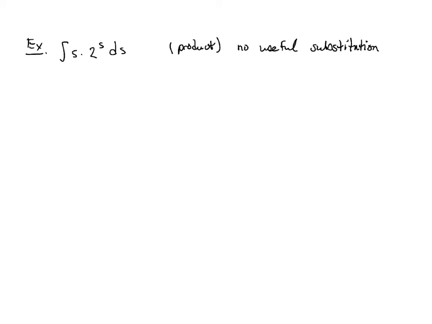We need to choose a function that's u and a function that's v, and I will choose u equals s, and then the remainder of the pieces from our integral over here. So here's my u, and I will have the remainder of the integrand to be my dv.